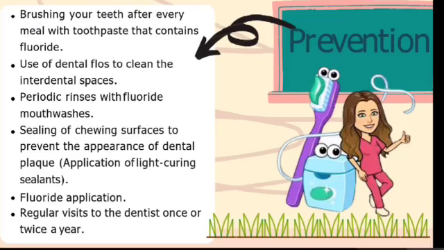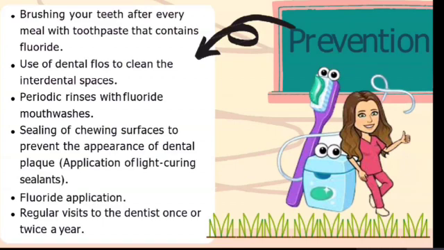Okay, prevention. For me, this is the most important part of treatment, as we need to make the patient understand the long-term damage if they don't change their oral hygiene habits; it could end in a more advanced disease. Okay, first, you need to brush your teeth after every meal with toothpaste that contains fluoride. Use dental floss to clean the interdental spaces.